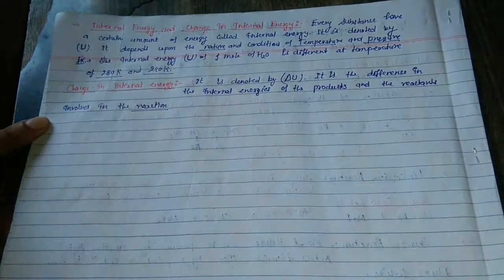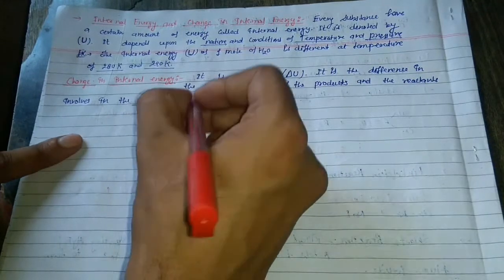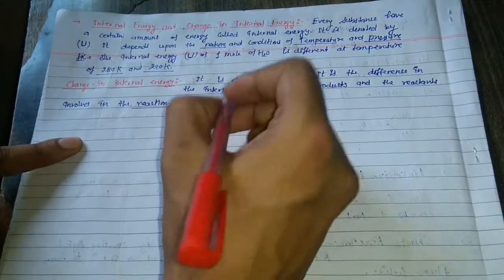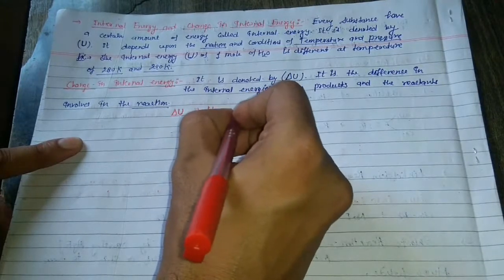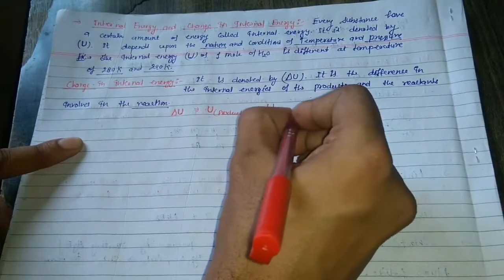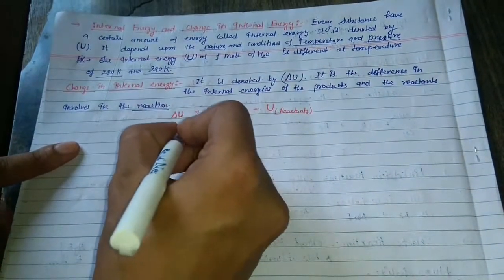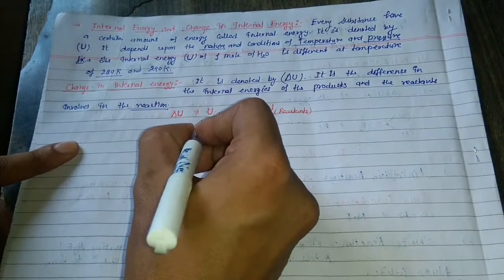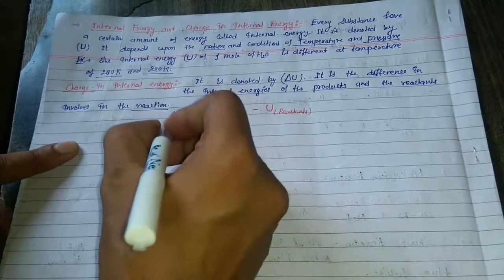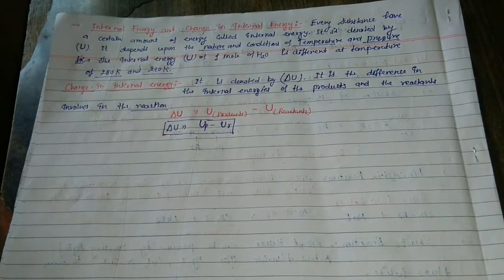So change in internal energy del U is equal to U, the internal energy of the products, minus the internal energy of the reactants, or we can write del U equal to U_P minus U_R. That's the equation of internal energy.